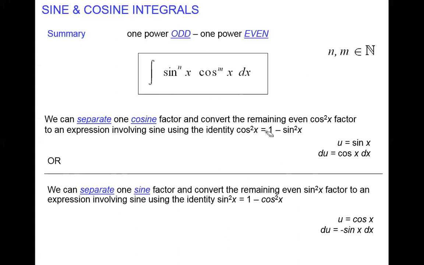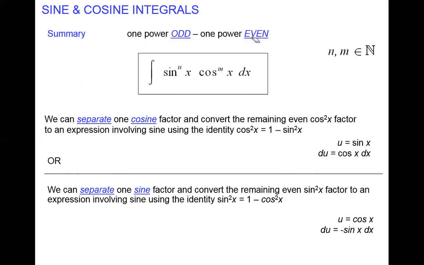We can probably have a difference in the process, but the concept is exactly the same. That means n could be even, or m could be even, or the other way, but they have to be different. They can't be both odd or both even. We know what to do if they are both even. Okay, one odd, one even.